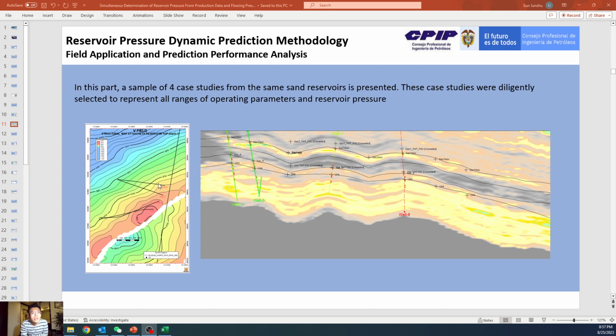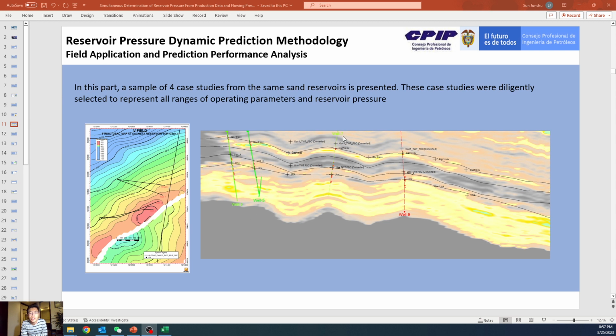In the V field, this is the structure map of the G reservoir. Here we have 4 wells, well 3, well 5, well 7, and well 9.